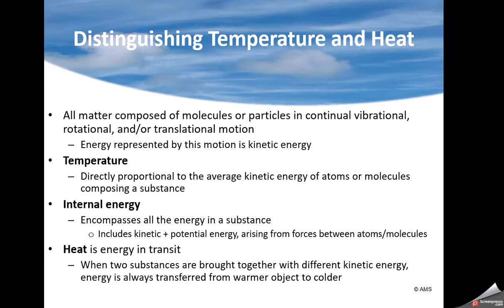Temperature is directly proportional to that. If the temperature is higher, those atoms are moving faster. If temperature is lower, they're not moving as fast. And heat, just energy in transit, is moving from one object or one thing to another.